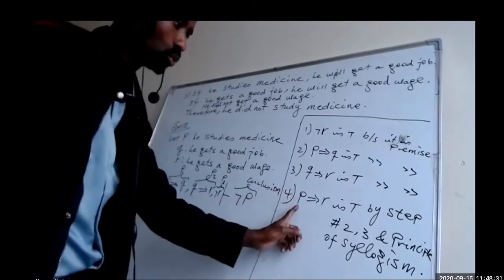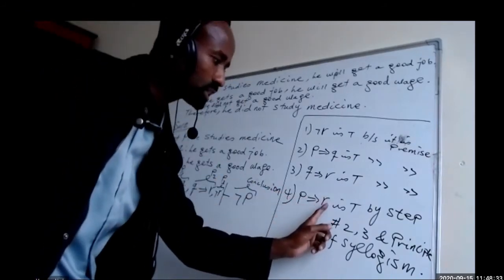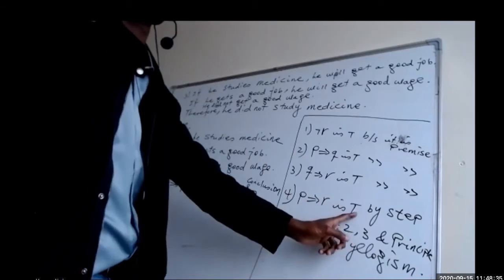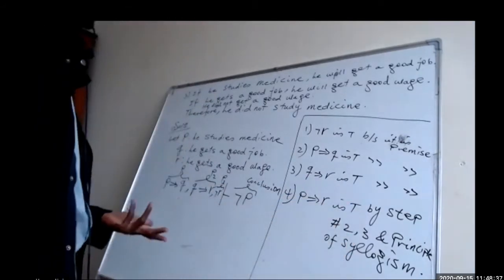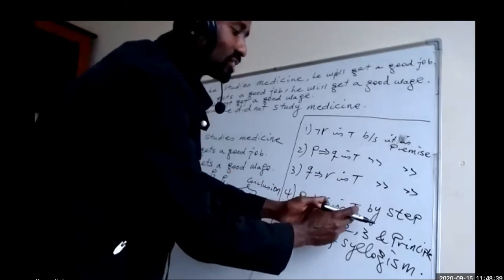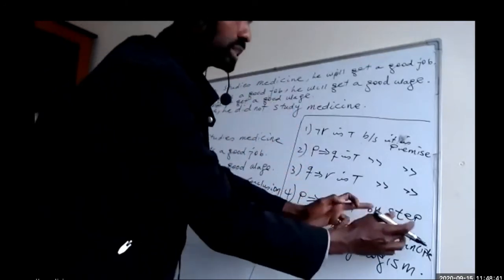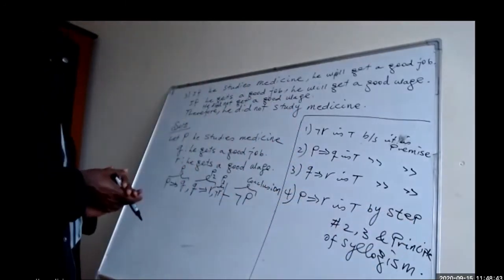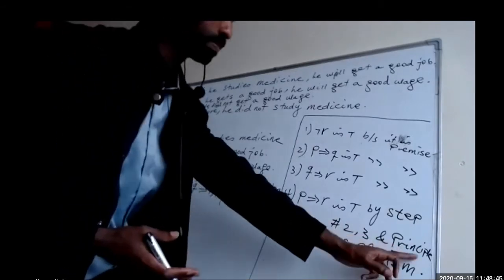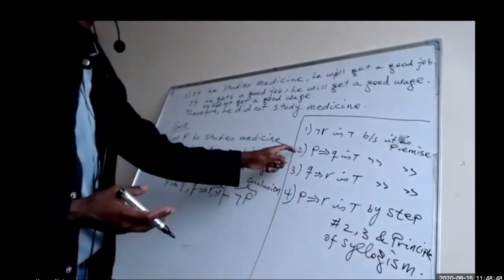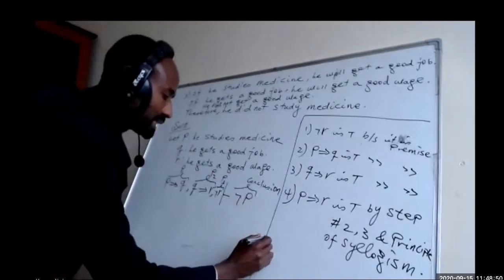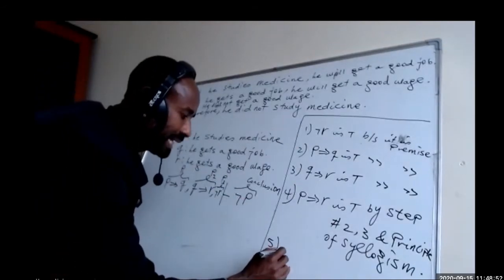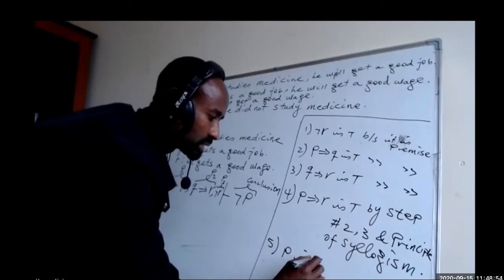If P is true, true implies false couldn't be true; rather it is false. But P implies R is already known to be true by principle of syllogism and steps number 2 and 3. So step number 5, P is false.